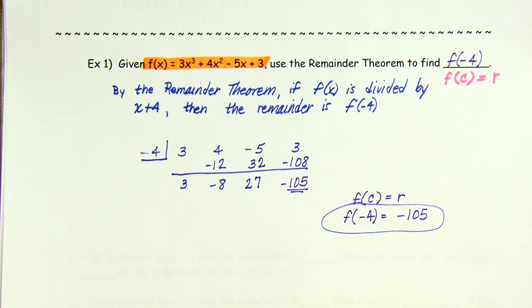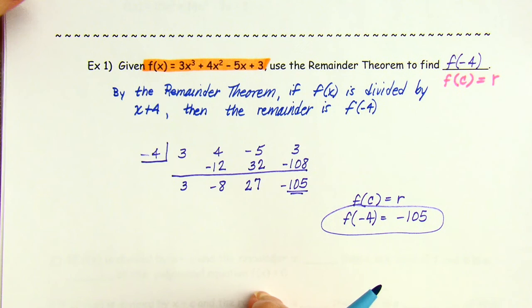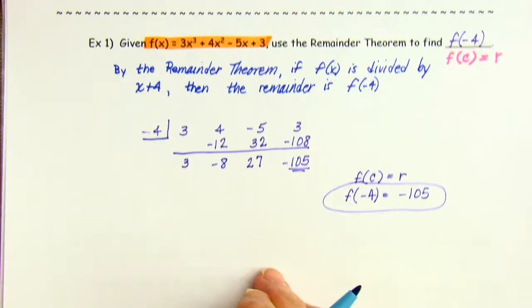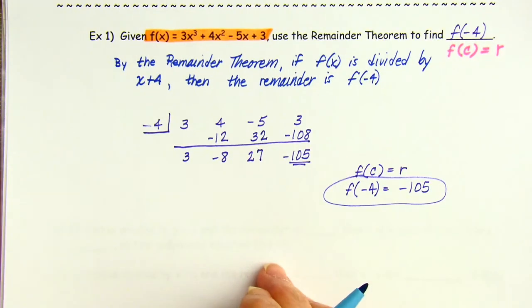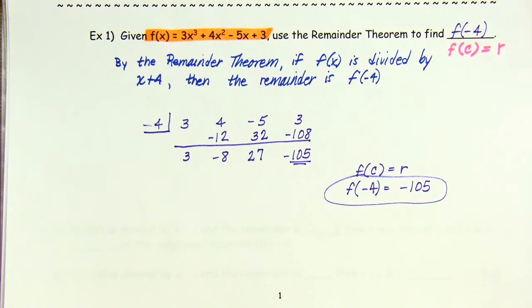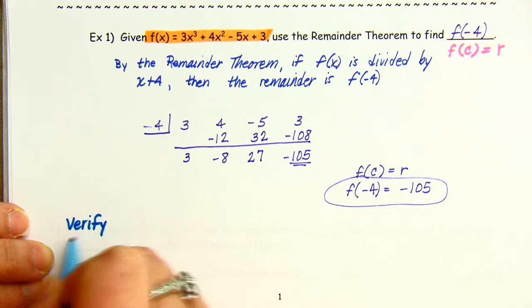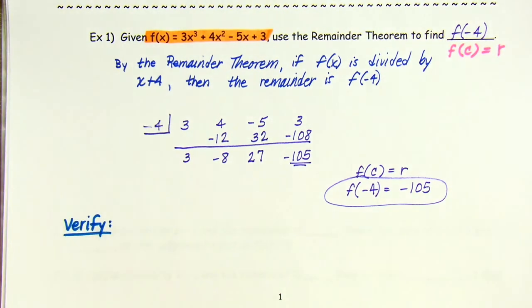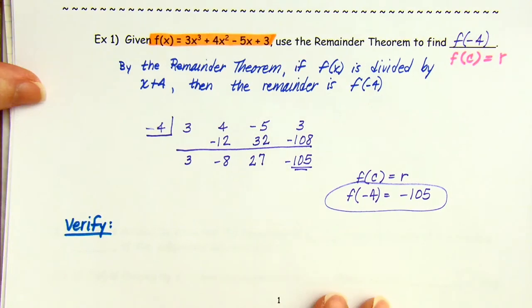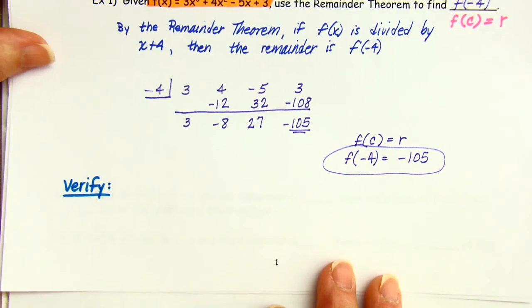You know, we can verify this. Now, listen carefully. On an assessment, if it says use the remainder theorem, you must use synthetic division. You're not going to use the old way to find the answer.